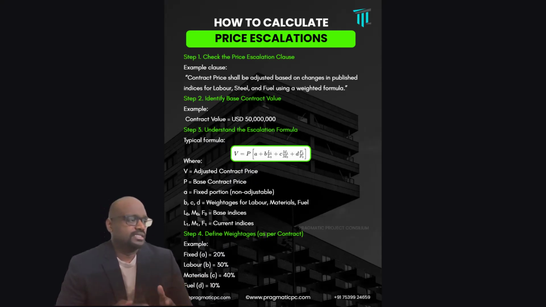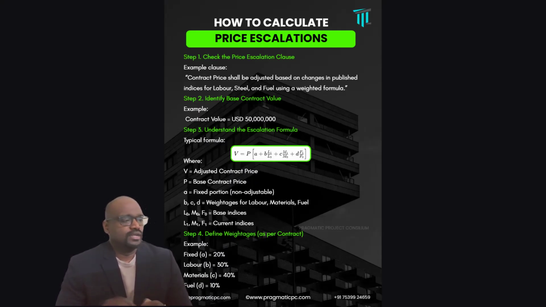And B, C, D are the weightages for labor, materials, and fuel that are accepted between both parties inside the contract. L0, M0, and F0 are the base indices. L1, M1, F1 are the current indices. L is for labor, M is for material, F is for fuel.